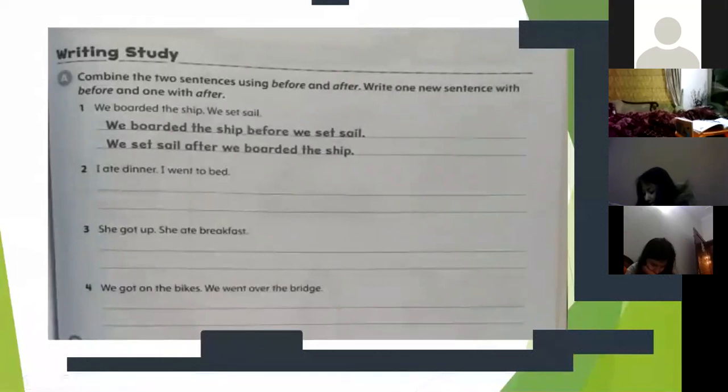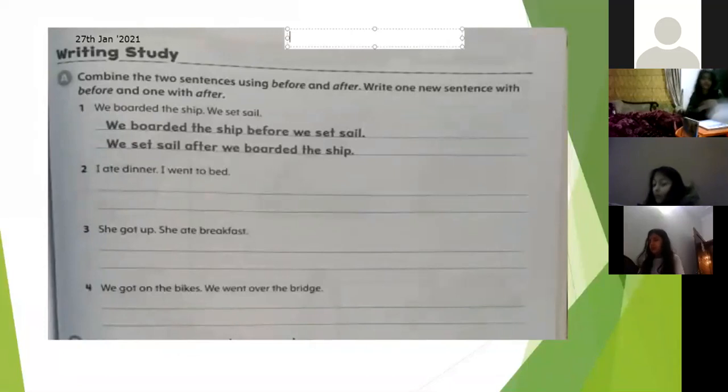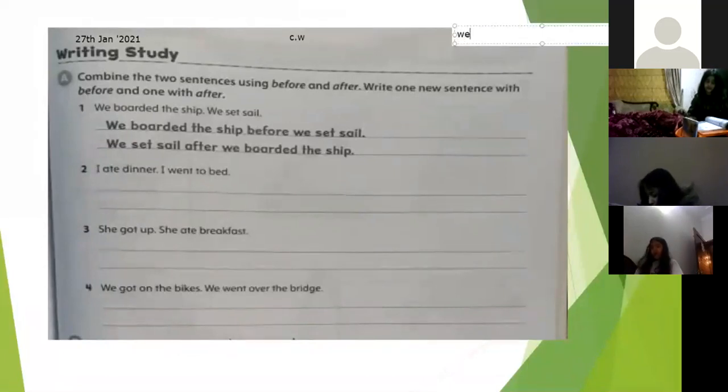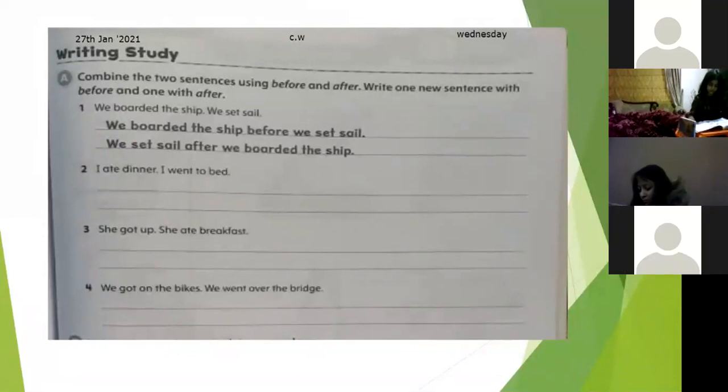First of all, write on classwork day and date at the top of the page. That is 27th of Jan 2021. It's classwork and the day is Wednesday. Okay. So class, you have to combine the two sentences using before and after. Write one new sentence with before and one with after.